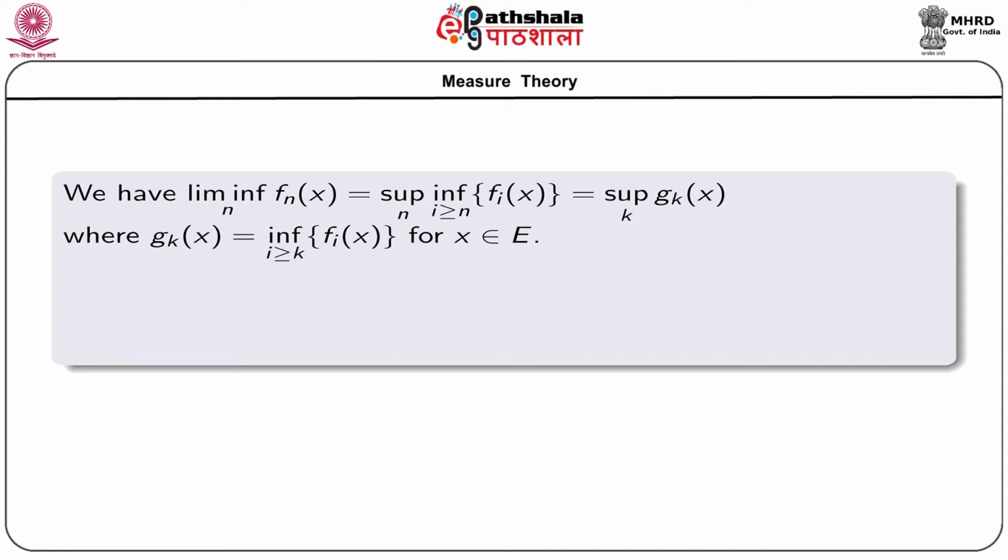We first take all the values f1x, f2x, f3x, fnx, etc., and take the infimum. Then we delete the first term, we start from the second term, that is f2x, f3x, etc. Since this new sequence has one term less, the infimum increases. So, the infimum increases as n increases, and this forms a monotonically increasing sequence, and its limit, we know, is the supremum.